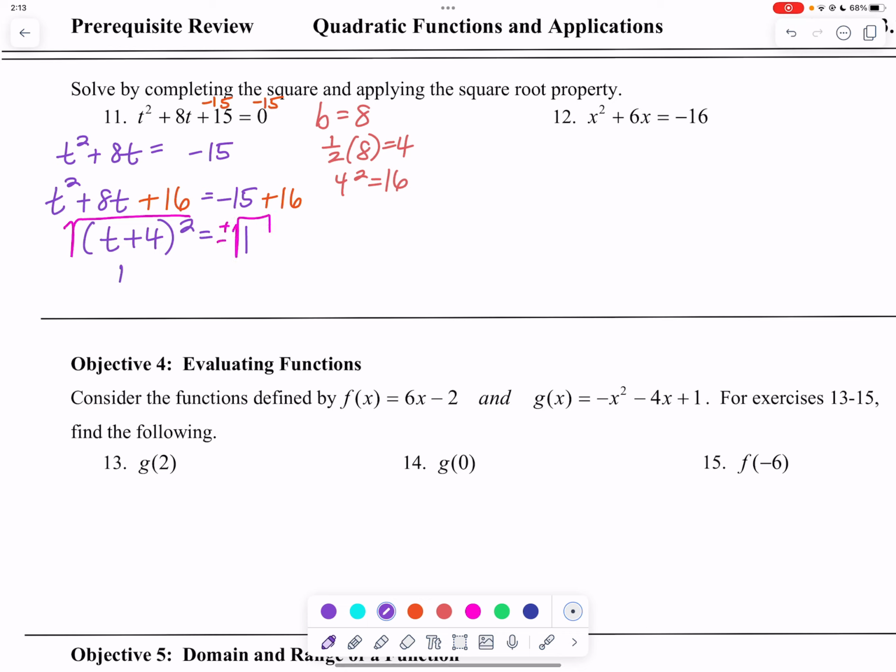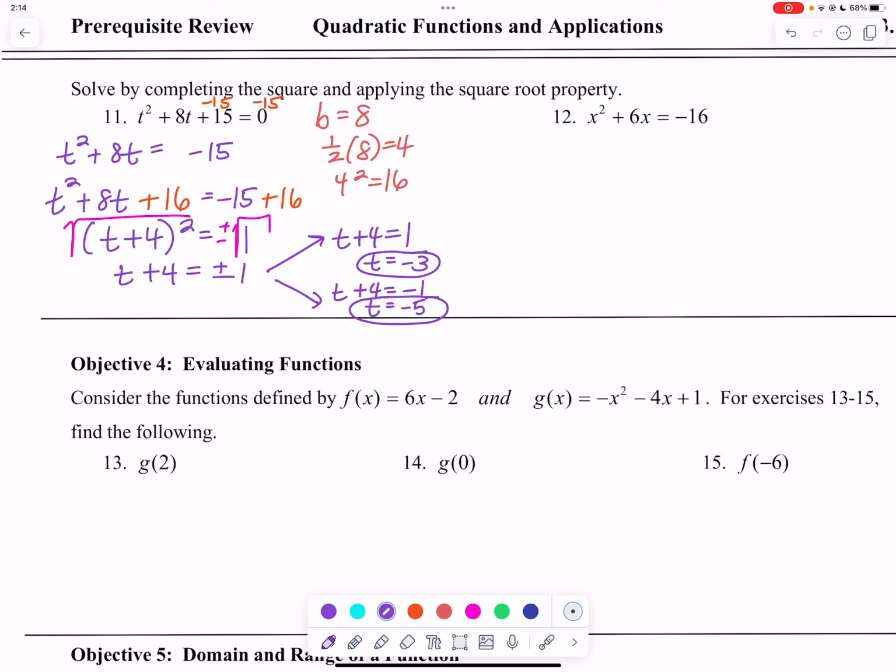And we end up with t plus 4 equals plus or minus 1. So t plus 4 equals 1, or t equals negative 3, or t plus 4 equals negative 1, so t equals negative 5. So our solution there would be negative 3 and negative 5.